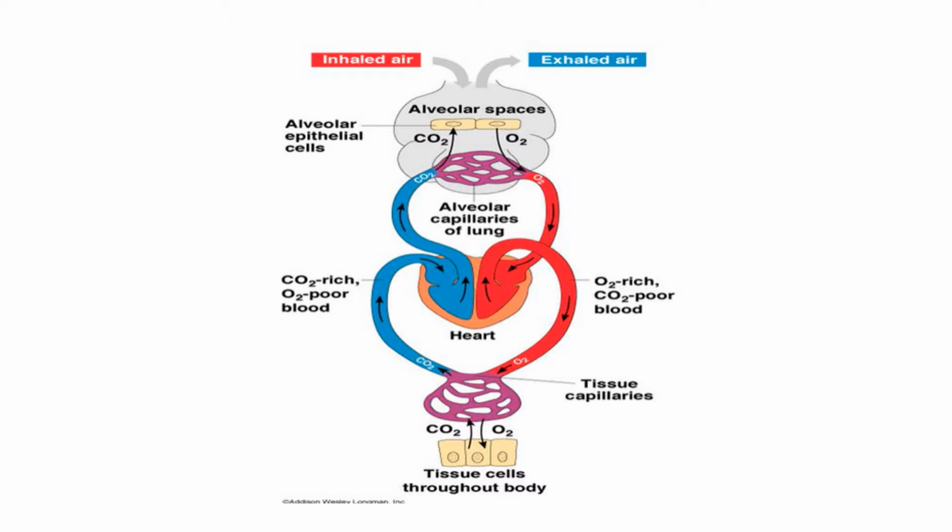See how this cycle is going on. From the heart, the blood is being pumped to the pulmonary vessels where there is oxygenation going on, and the oxygenated blood is coming to the left heart.